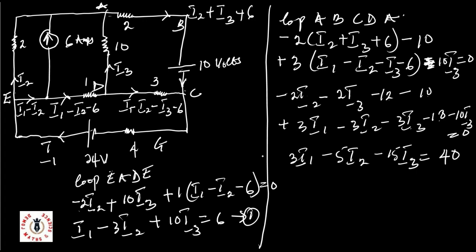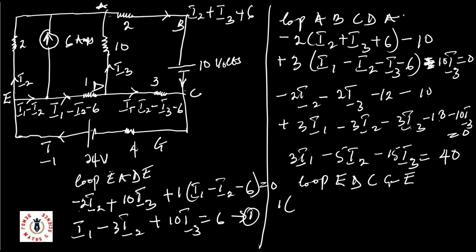Let's look at the last loop. The last loop we'll look at will be loop E, D, C, G, and back to E. Now, between E and D, there's just the 1 ohm resistor.